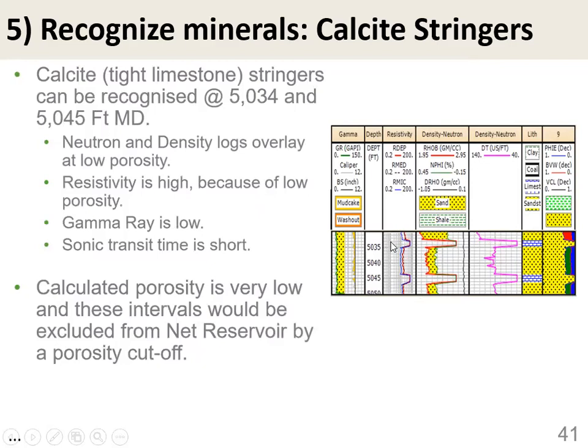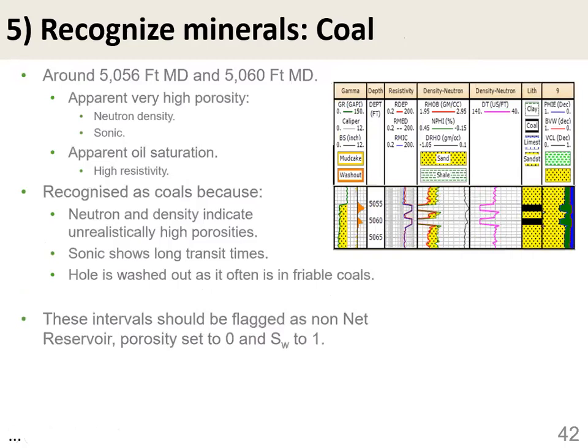So interestingly, this is not indicative of hydrocarbons, but rather of calcite. Calculated porosity is very low, and these intervals should be excluded from the net reservoir. So if you are doing your evaluation, this portion should be excluded from your net sand.